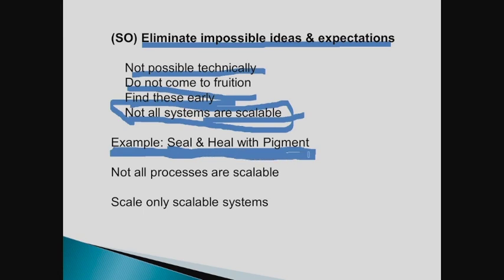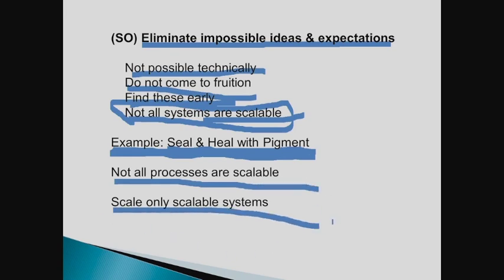This is essentially a non-scalable process, because the pigment, being a powder with air in it, caused the super glue to react too fast for you to seal the cut. So not all processes are scalable.